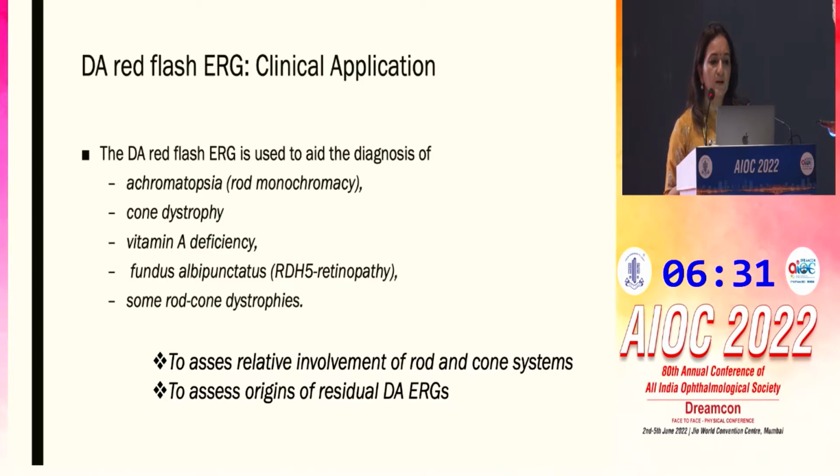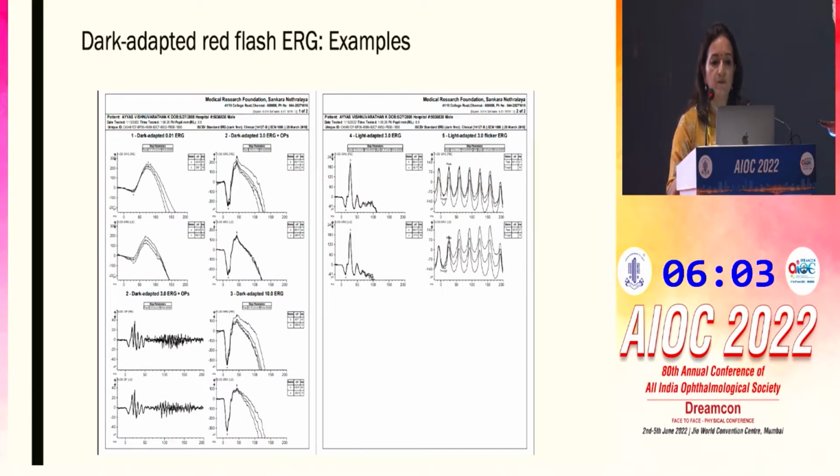Vitamin A deficiency affects the rods first, cone dystrophy affects the cones predominantly. So with this stimulus, if the X wave is gone, the cones are gone. If the B wave is gone, the rods are gone. So in the combined response, you get two different waves telling you whether the rods are predominantly involved or the cones.